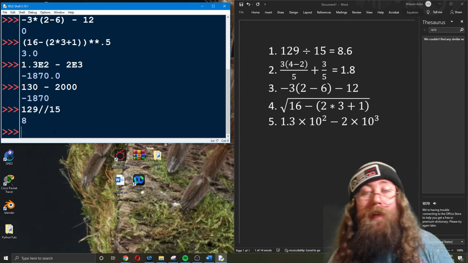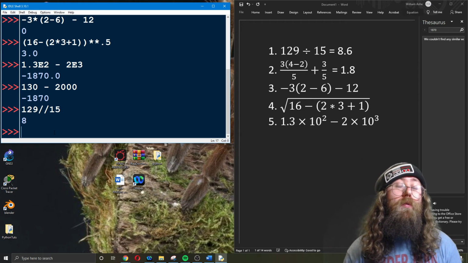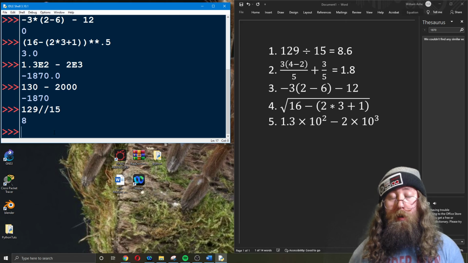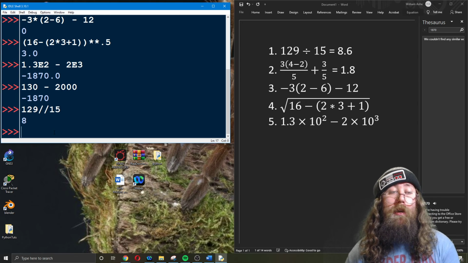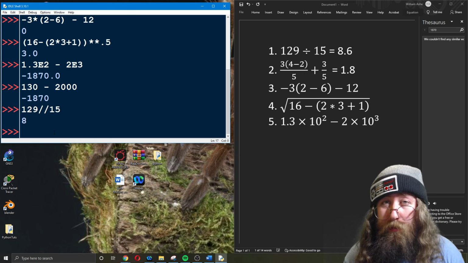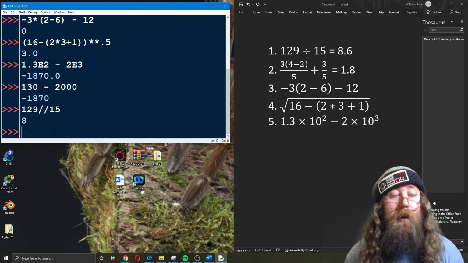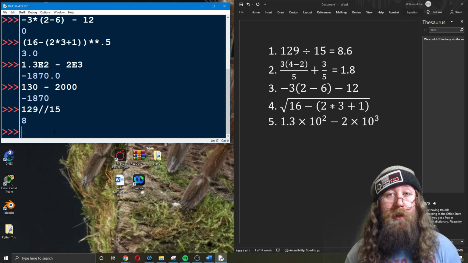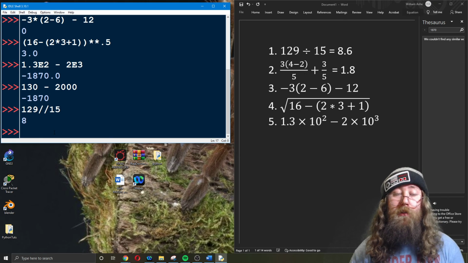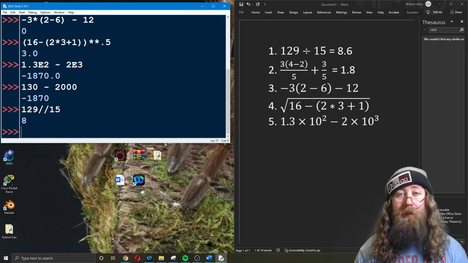So what's happening here? We are throwing out our remainder when we use integer division. Integer division doesn't care about the remainder or the decimal part. It just gives us the whole number part. In some circumstances, that's what we're going to want to use. In other circumstances, it's very much not what we want to use. Integer division is represented by 2 forward slashes, regular division by a single forward slash.